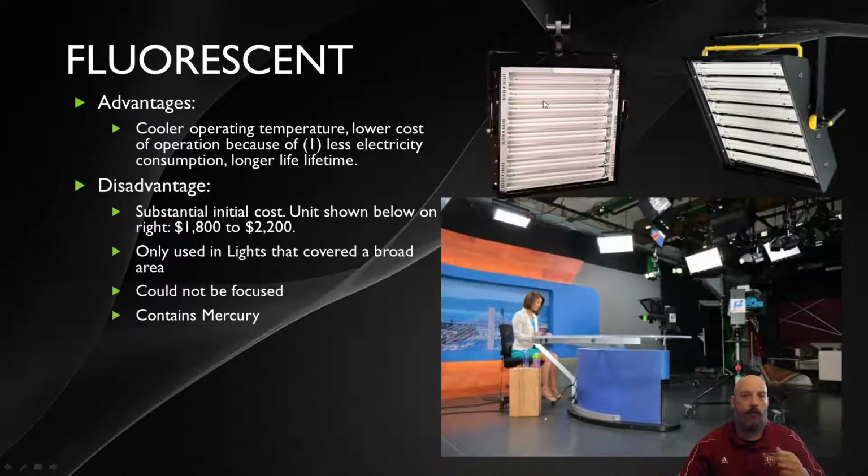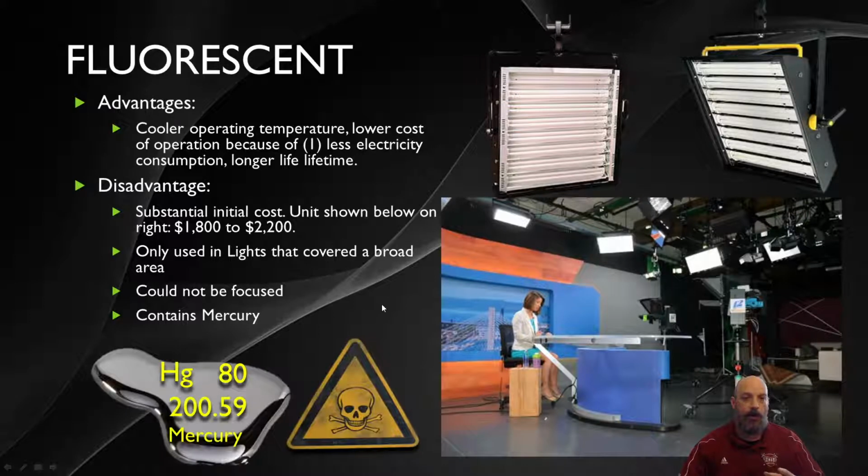In order for a fluorescent bulb to work, part of the gas that's inside of it contains mercury vapor. And mercury is dangerous for humans, either through contact with their skin where it can be absorbed, or by breathing in mercury vapor from a fluorescent light that's been broken.